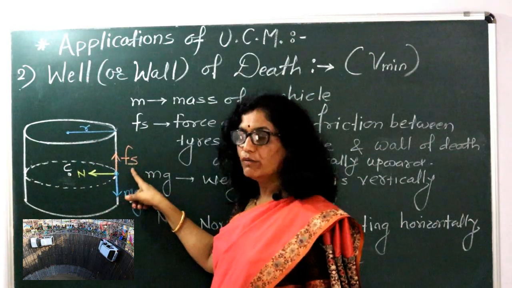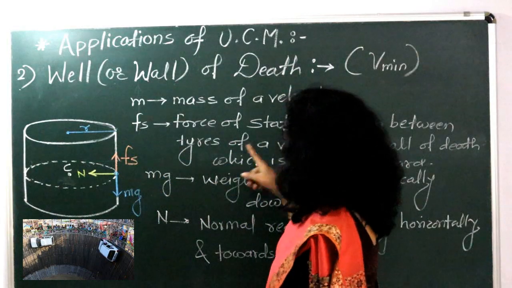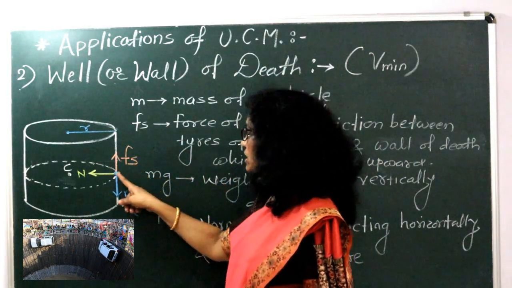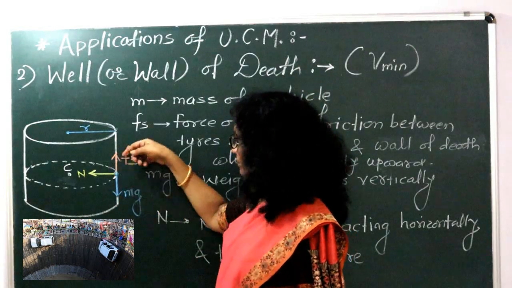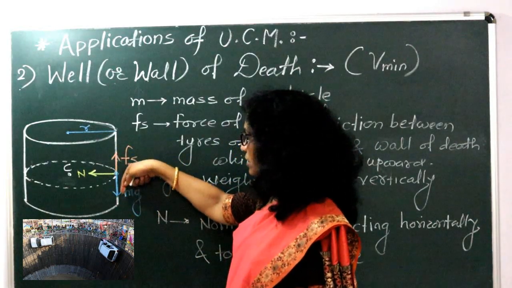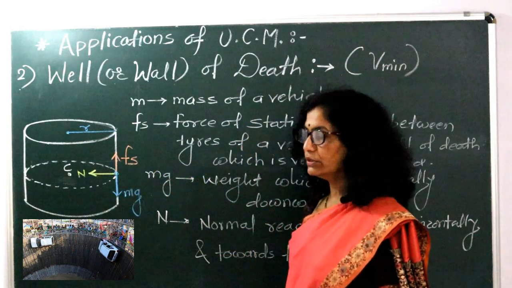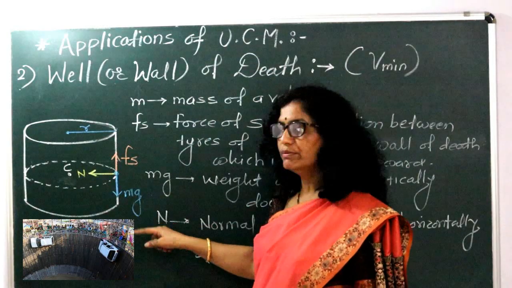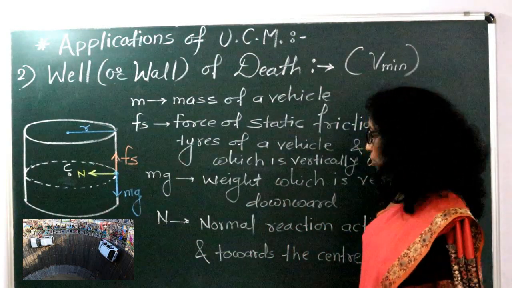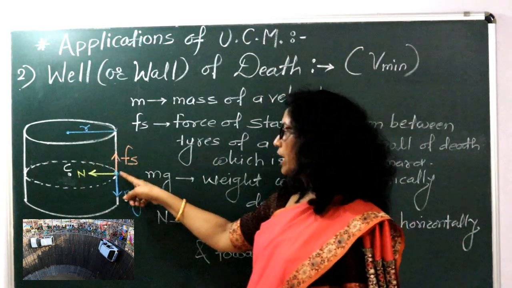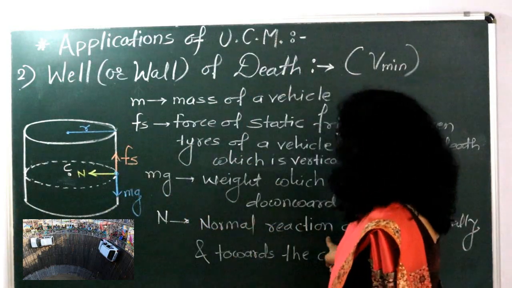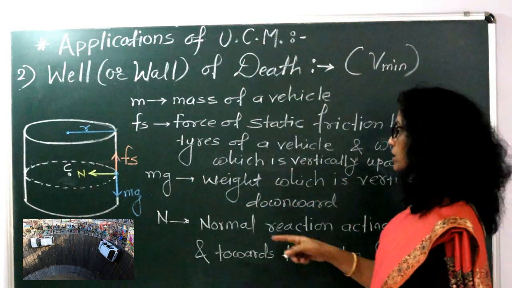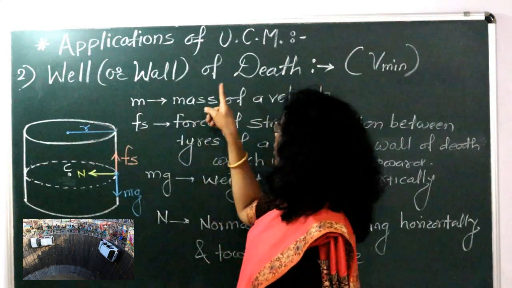Here Fs is the force of static friction between the tires of the vehicle and the wall, which acts vertically upward, and the weight of the vehicle acts vertically downward, that is m into g, where m is the mass of the vehicle and g is the acceleration due to gravity on the surface of earth. N is the normal reaction acting horizontally and towards the center of this well of death.